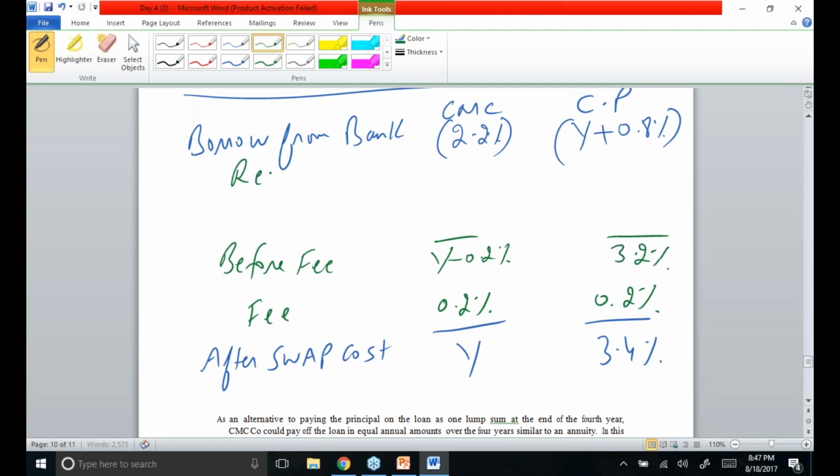Now we just have to fill these 4 blanks. And remember, just take one assumption, the rest of the blanks will automatically be filled out.